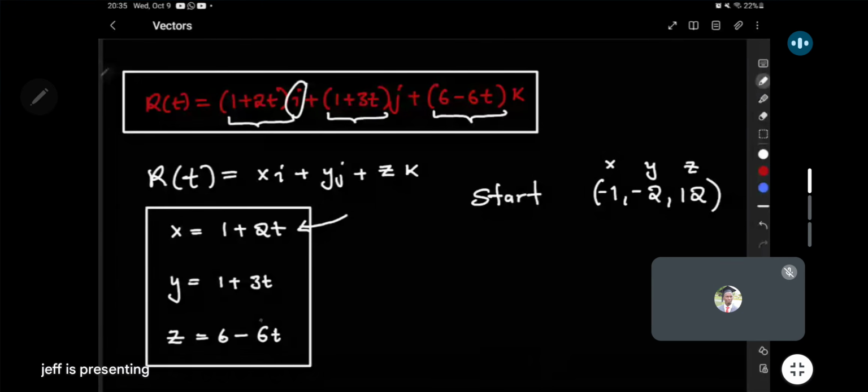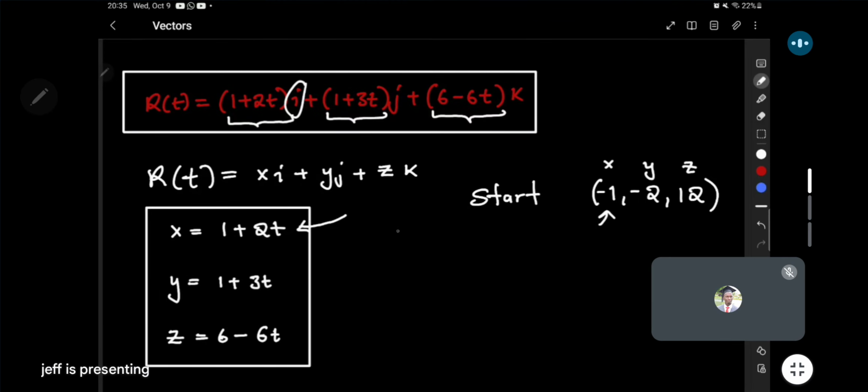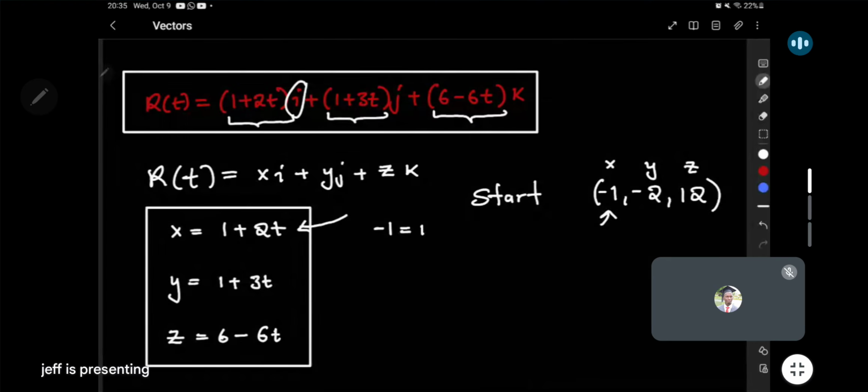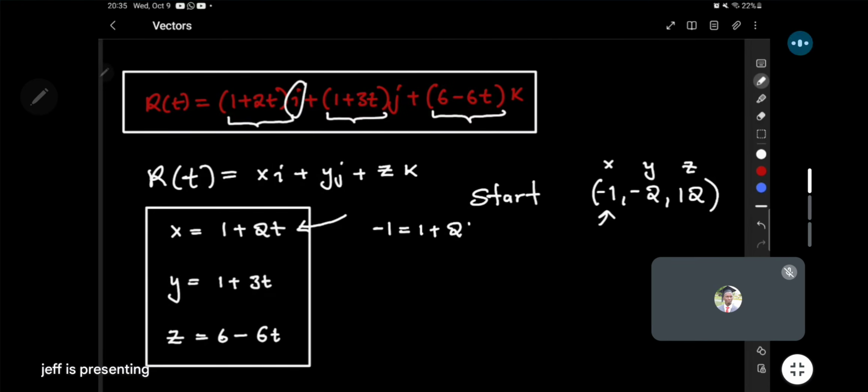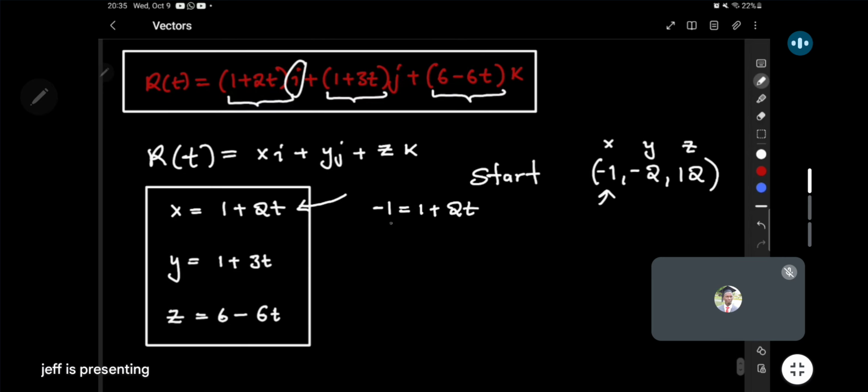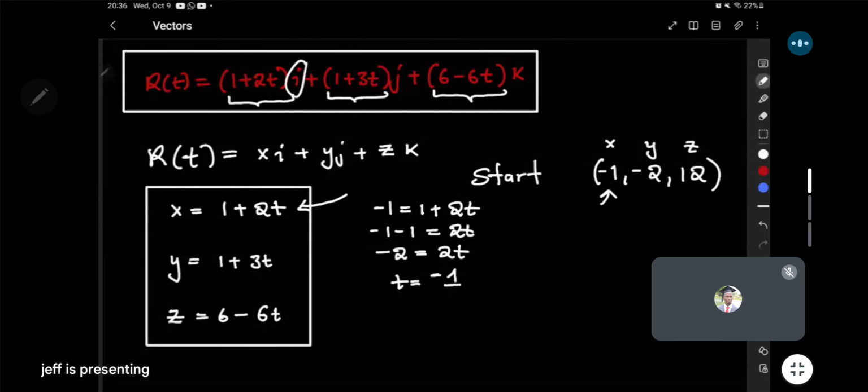So on the x-axis, when the position was -1, what was the value of t? I can just put -1 where we have x and find t at that point. When you solve this, we have -1 minus 1 is equal to 2t. We get -2 is equal to 2t, and finally t is equal to -1. So t here has come out as -1.